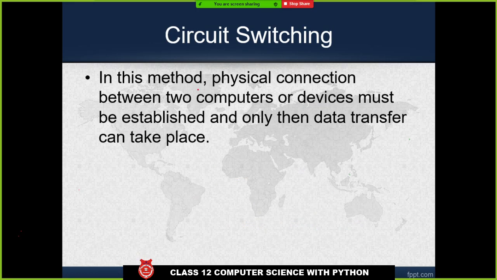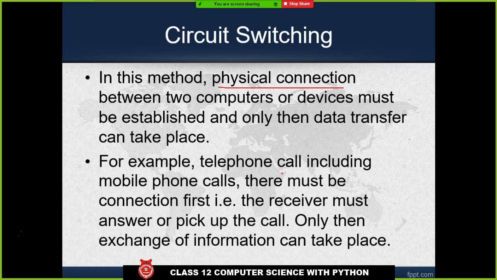When we say circuit switching, there must be a physical connection between the two computers or devices in order to transfer the data. For example, a telephone call, the normal landline call, or a mobile phone call. There must be a connection first. That means the receiver must answer or pick up the call.